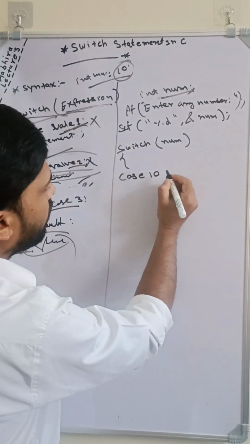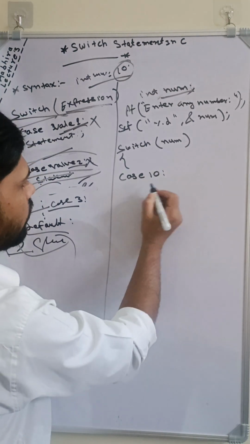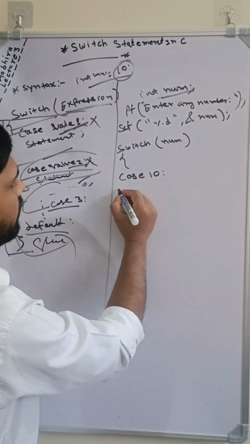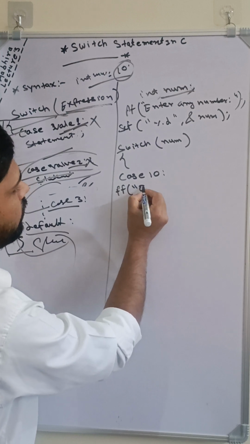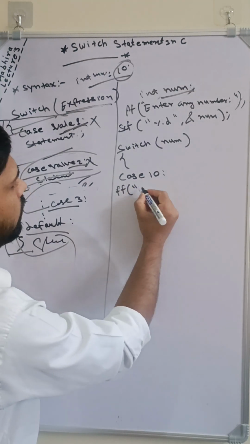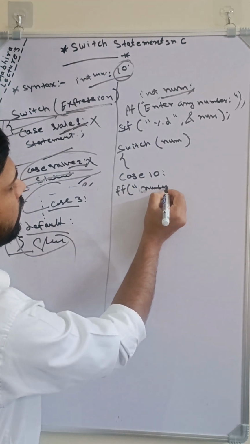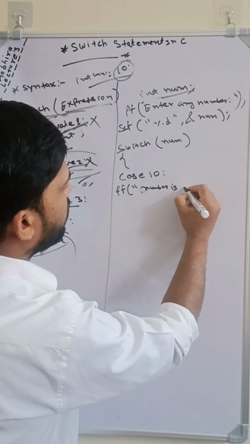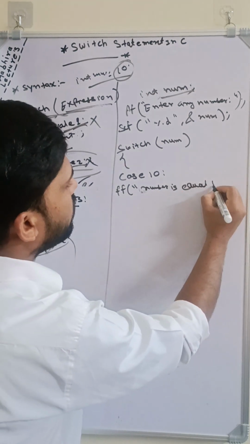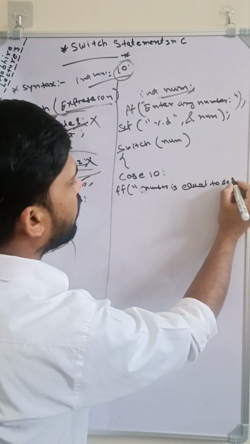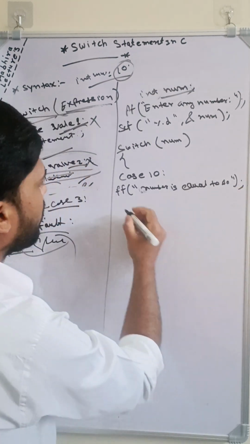Suppose I give case 10. Then print the statement: number is equal to 10.